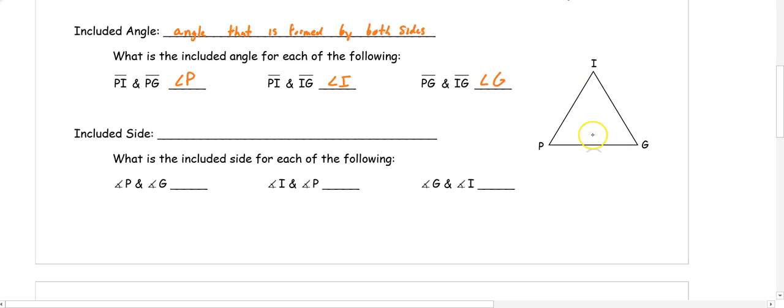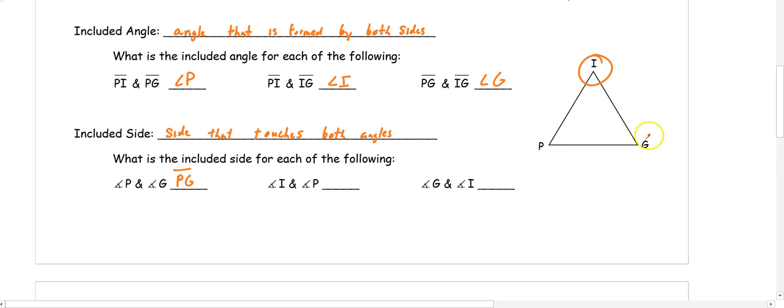An included side then is a side that touches both angles. So in this case, if I have angle P and angle G, the side touching both of them is PG.